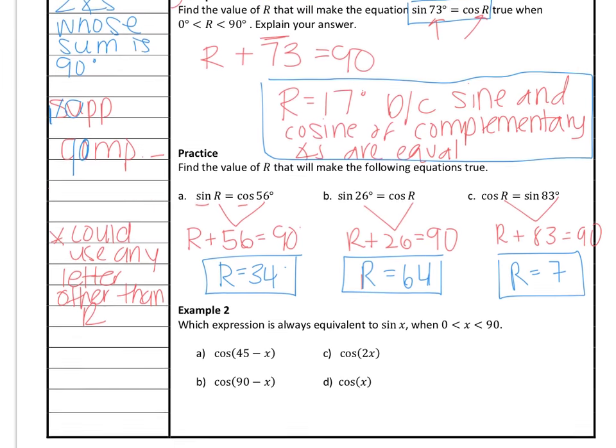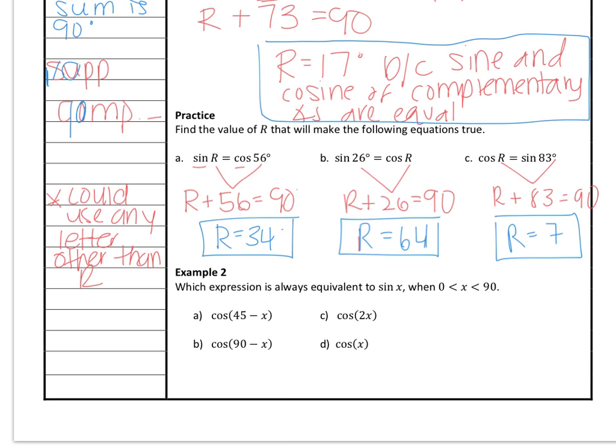Example 2 was a Common Core question at one point or another. It says, which expression is equivalent, meaning equal to, sine of x, when x is between 0 and 90. So because it has to be between 0 and 90, we again know that it's complementary, because 90 is the value of complementary angles. And so here we know that we have x plus something should be equal to 90.